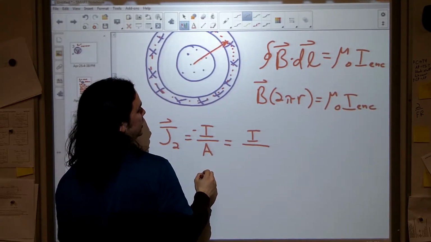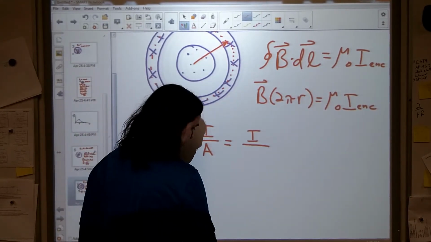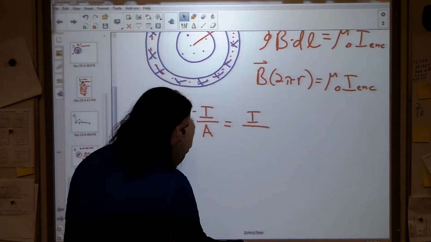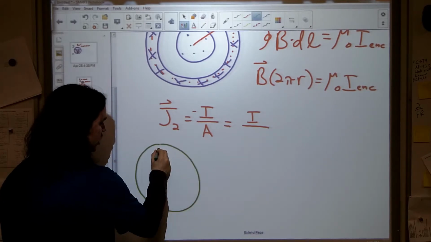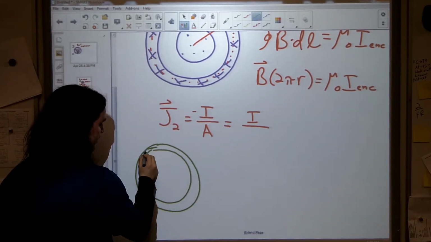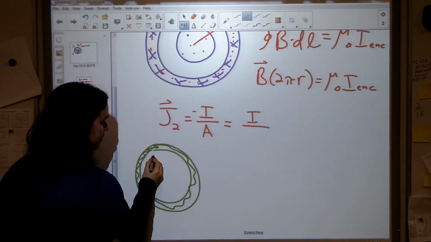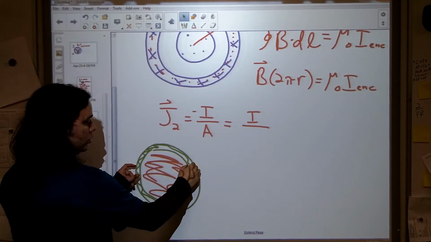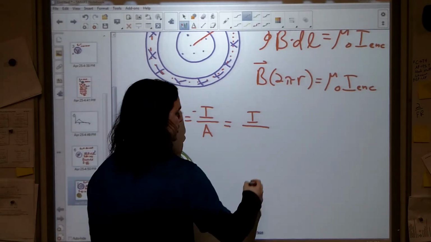In this case, we have a total current of I divided by, here's where things are going to get tricky, the area of this ring, the total area. Let me draw this out. To find the area of a ring, we could take the area of a giant circle and then subtract off the area of the missing part of that. So it's one circle minus the other circle, and that will leave the area around this ring. So what we end up with is the following.